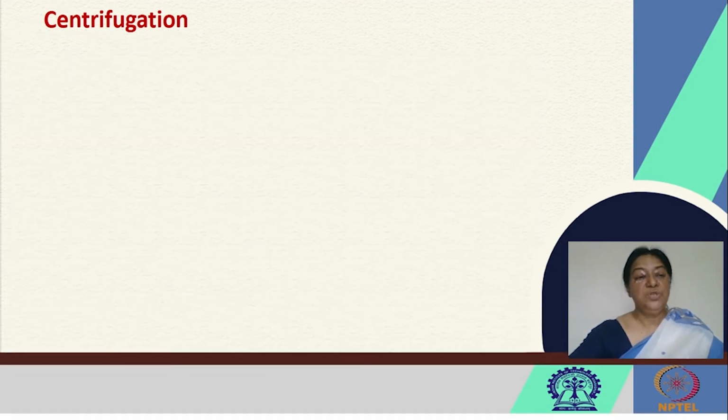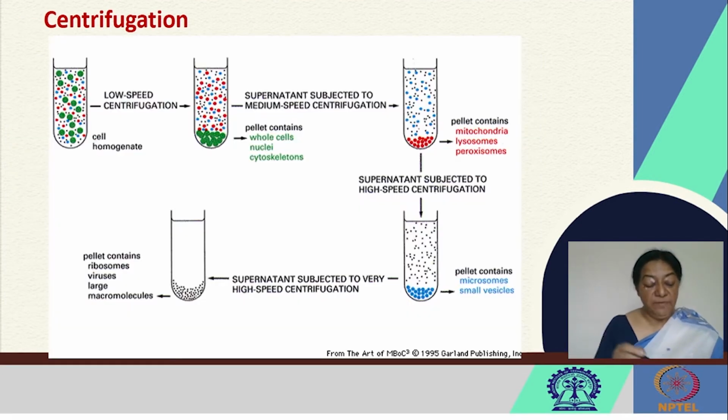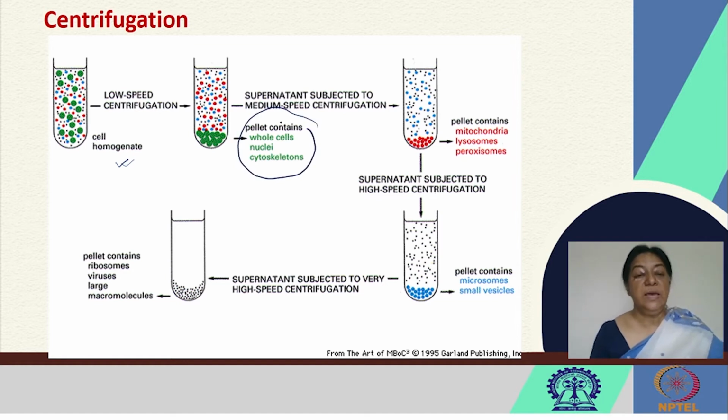Now, what is usually done is we have initially low speed centrifugation done so that from the cell homogenate, the pellet containing whole cells, nuclei, and cytoskeletons can be removed. And the supernatant is taken for another centrifugation process at medium speed, where in this case, the pellet will contain the mitochondria, the lysosomes, and the peroxisomes.